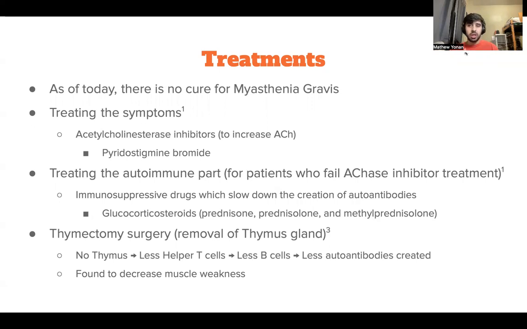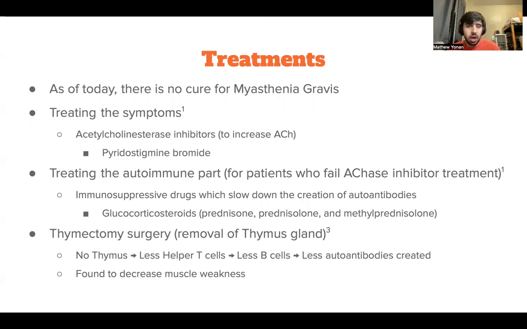That increases the chance for acetylcholine to bind to a receptor because there's more of it, which would cause a depolarization and then a contraction, which is why that works to increase ACH. One of these agents is called pyridostigmine bromide.